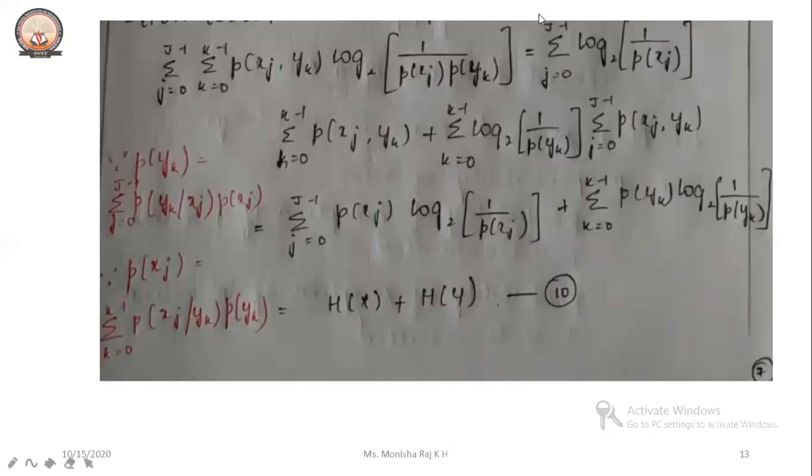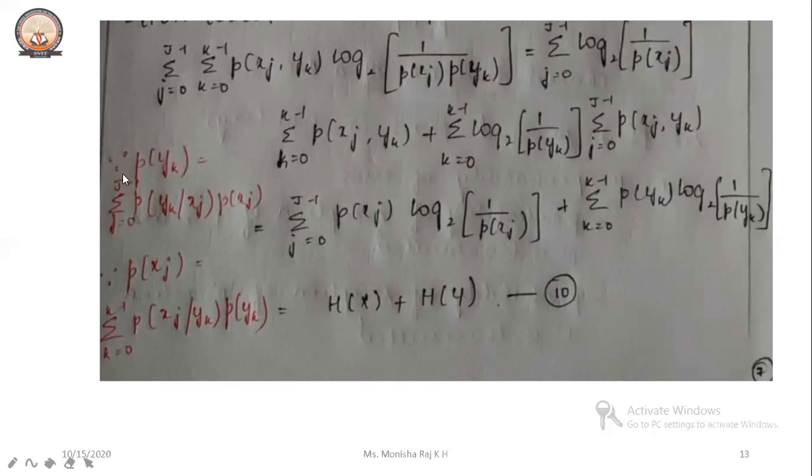We are just splitting this equation and writing it separately. If you multiply the summations again, you'll get the same equation. We are splitting this equation and writing it in the form of this equation.